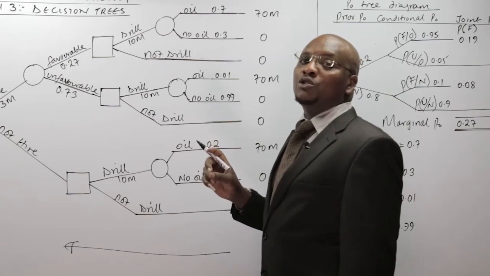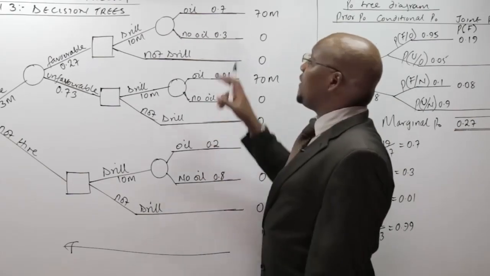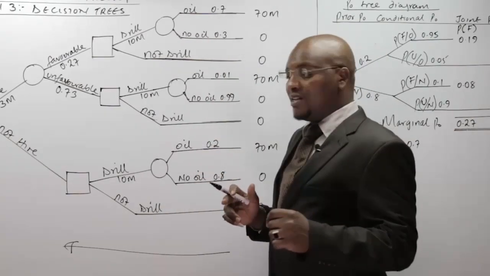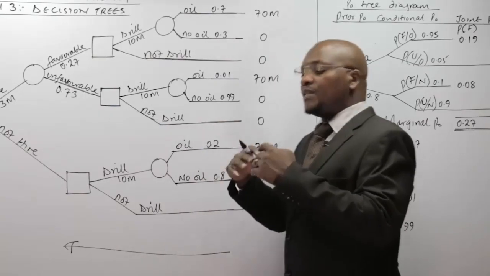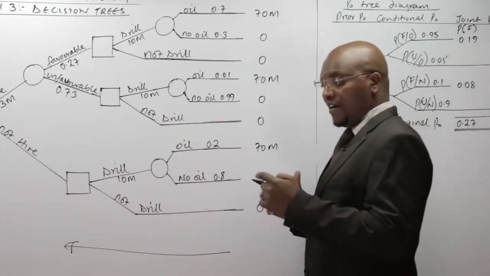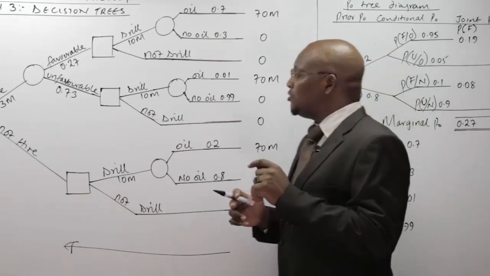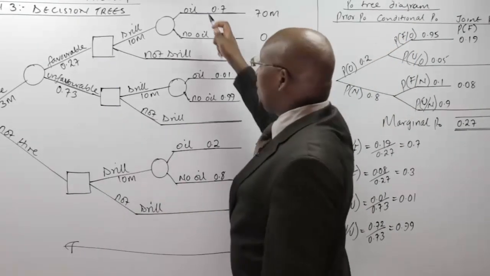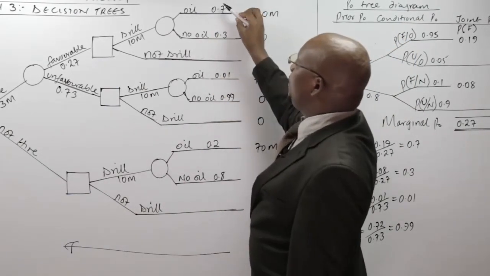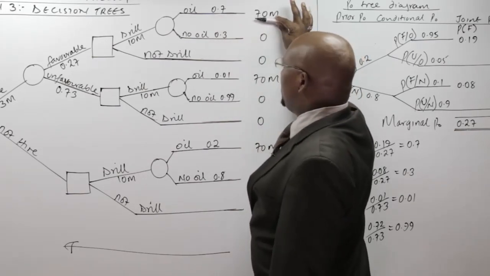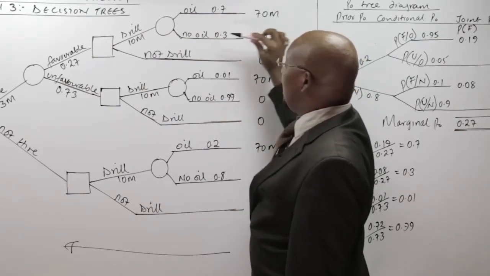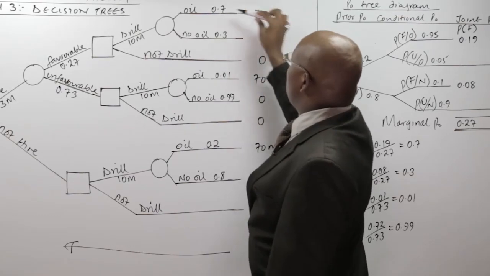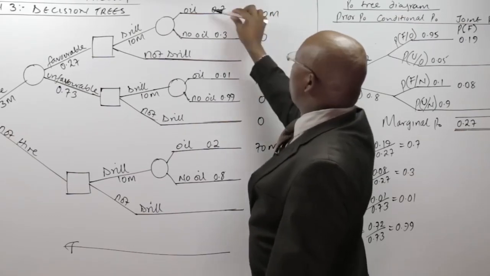It's not by your choice that you'll find oil or no oil. It is probabilistic in nature that when you drill, you may find one of the two. But since you have not gone to the extent of drilling, you're going to work with the two this way: 0.7 times 70 plus 0.3 times 0. When you multiply, this will be 0, this will be 49.